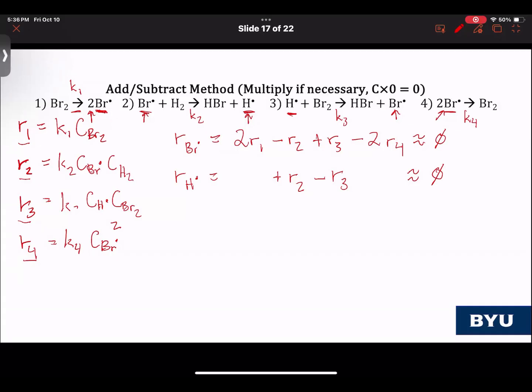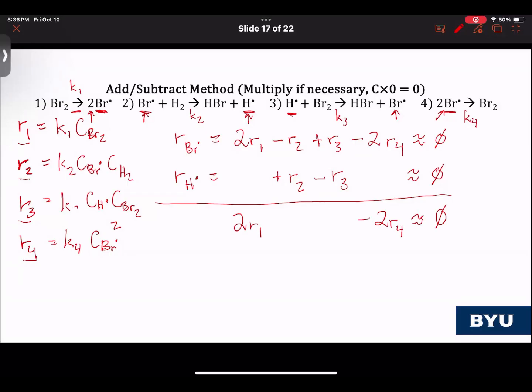Okay, what we notice is that if I add these two together, 0 plus 0 is still going to be 0, right? If I add them together, I find that 2R1 minus 2R4 is equal to 0.